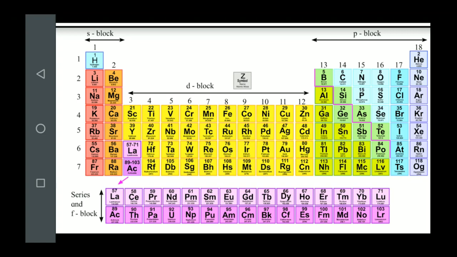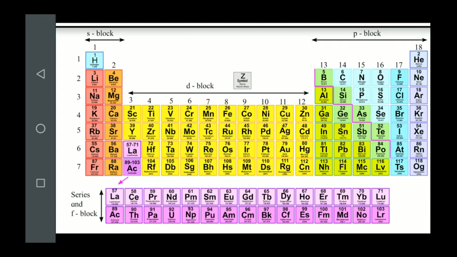The first 4f series is known as the lanthanoid series because the 14 elements from cerium to lutetium resemble lanthanum in their chemical and physical behavior.